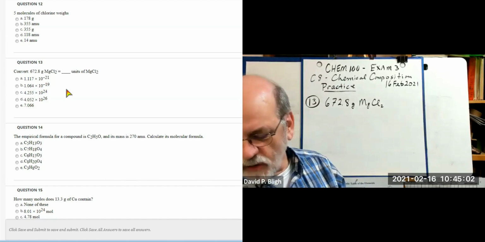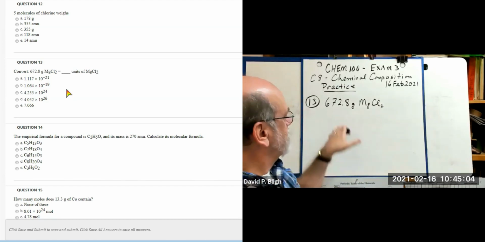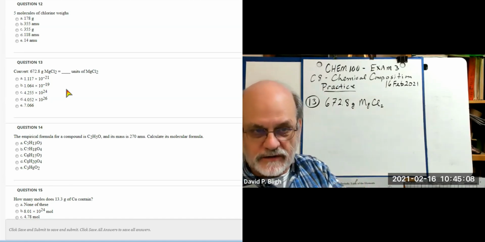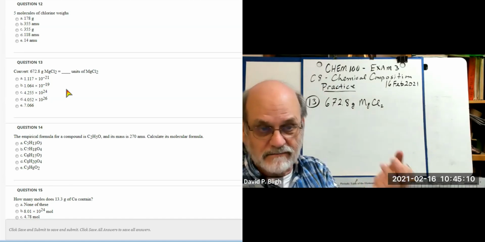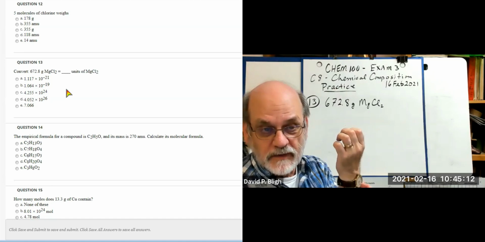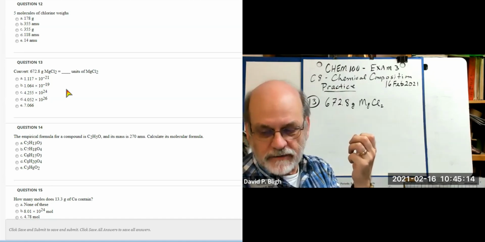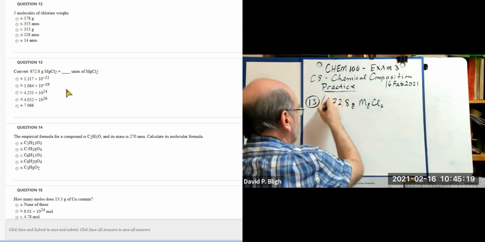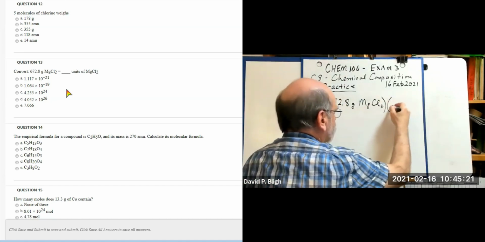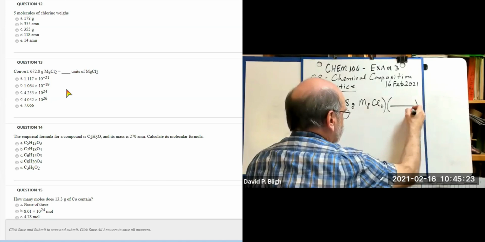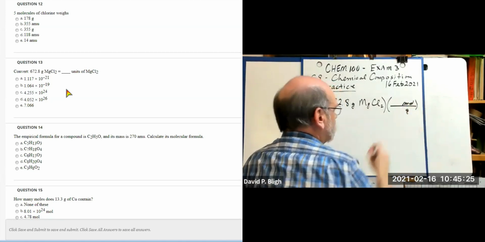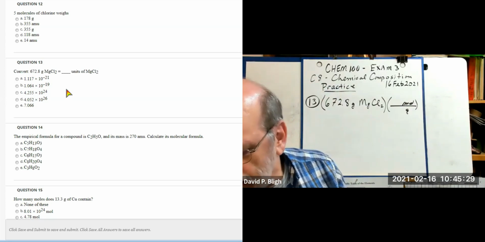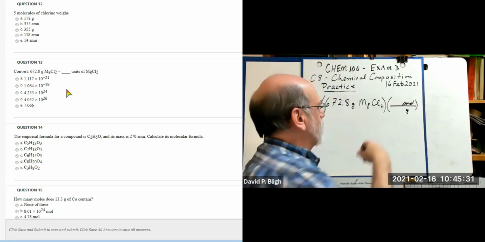I'll show you where I had my question. 672 grams of magnesium chloride. So if you're going to talk about units of that MgCl2, we're talking about numbers of. So we definitely have to convert to moles. We need a molar mass for magnesium chloride, and I calculated 95.21.